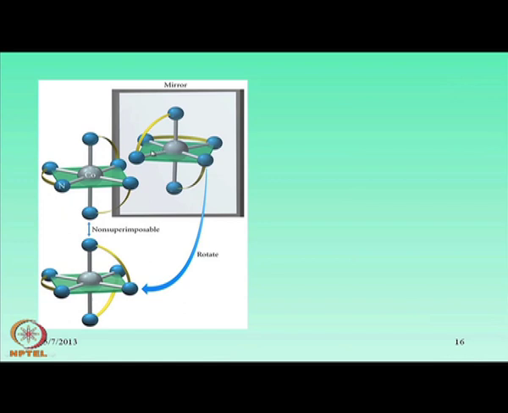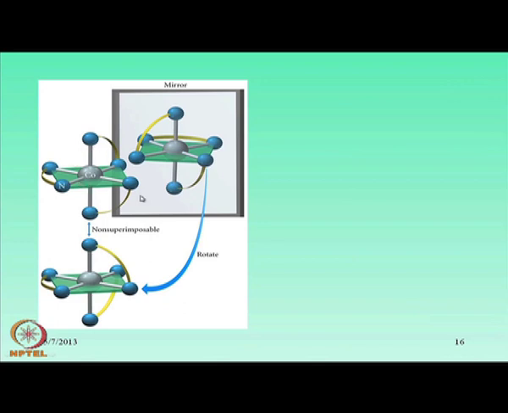If we rotate this mirror image through some angle, say 90 degrees anti-clockwise, we get this particular arrangement, but these two are non-superimposable on each other, because this arrangement we cannot put on this to be similar or the same.